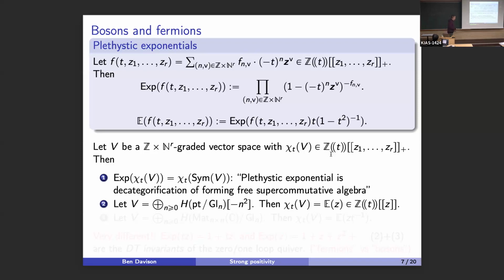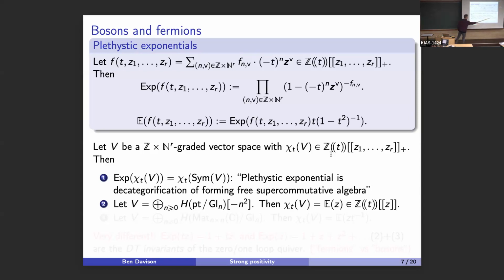Yeah, so this thing, although it's kind of natural, it's the cohomology of the stack of all finite dimensional vector spaces, if you like. So it's maybe a natural thing to consider. But what's more, it's really a simple expression when written in terms of the plethystic exponential.